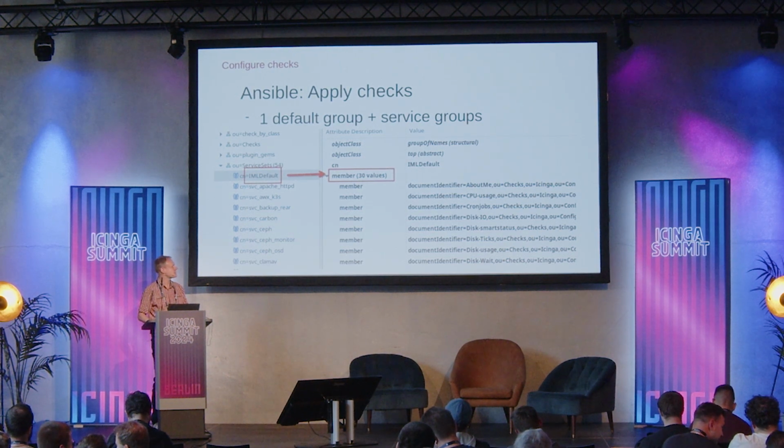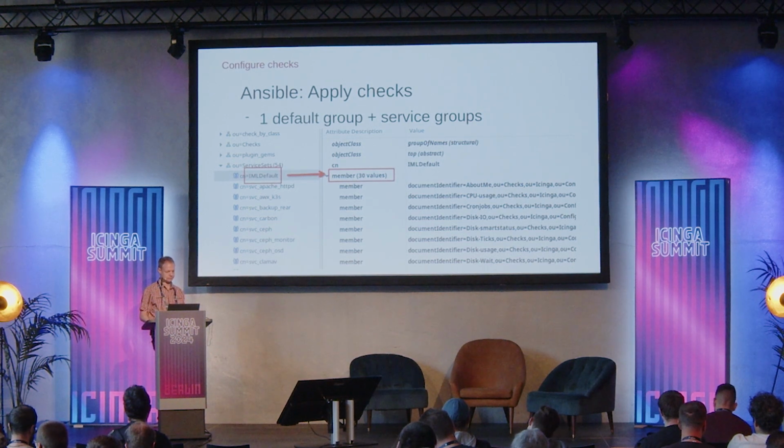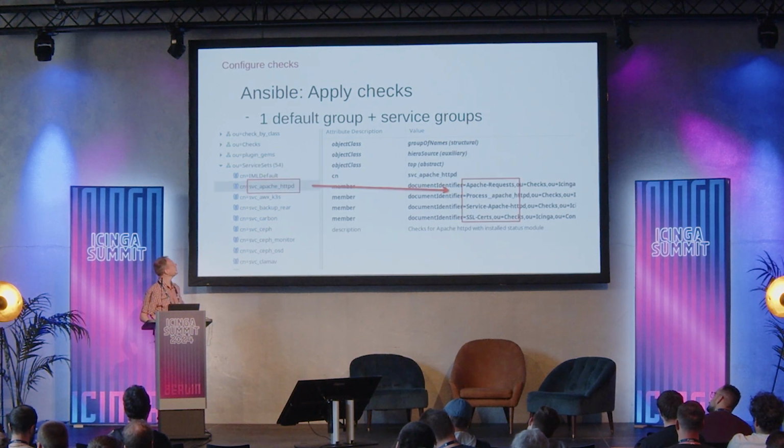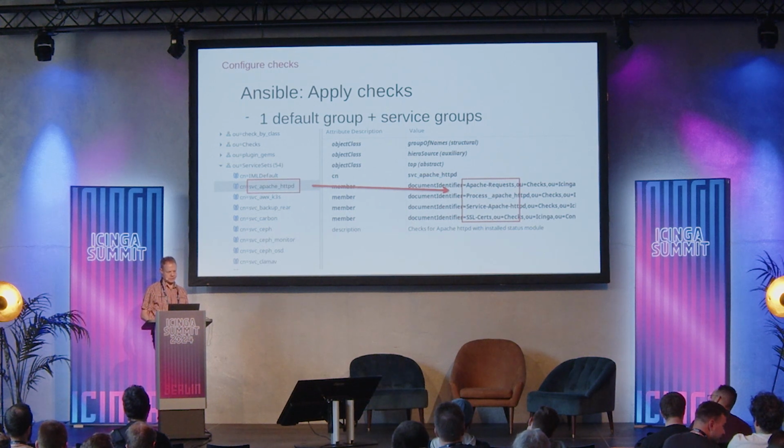And here are things like CPU usage, server load, net I/O, and such things. Additionally, with the SVC prefix, we have all the checks which are delivered for a special service or application.